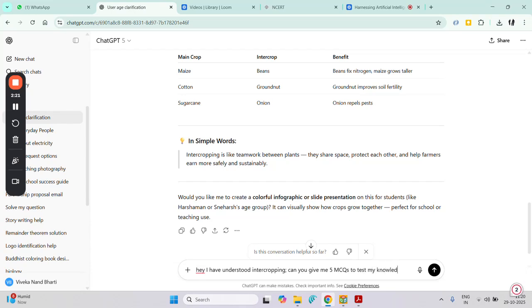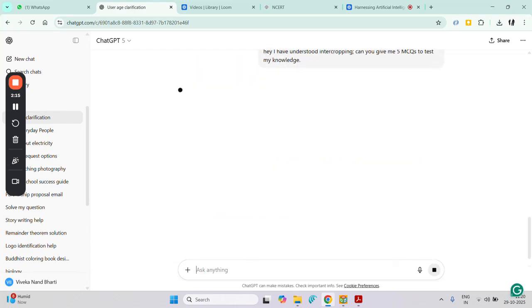You have done and understood, and now you are asking for MCQ questions so that you can test your knowledge, whether you understood it well or not. Let's wait for the answer.